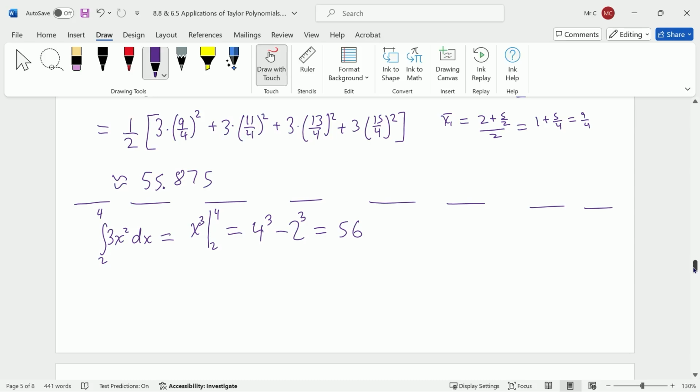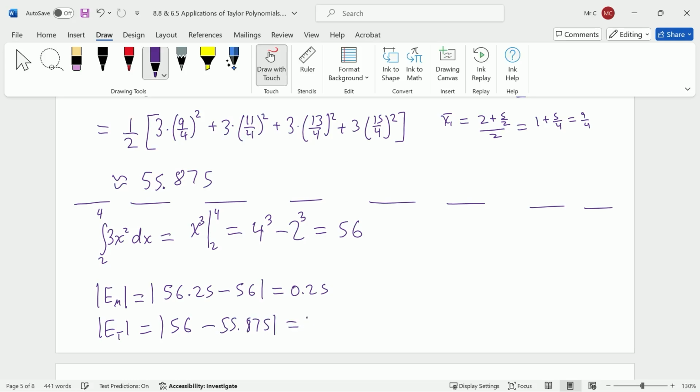The absolute value of the error for the midpoint rule is the absolute value of 56.25 minus 56, which is 0.25. And the absolute value of the error for the trapezoidal rule is 56 minus 55.875, which is 0.125.